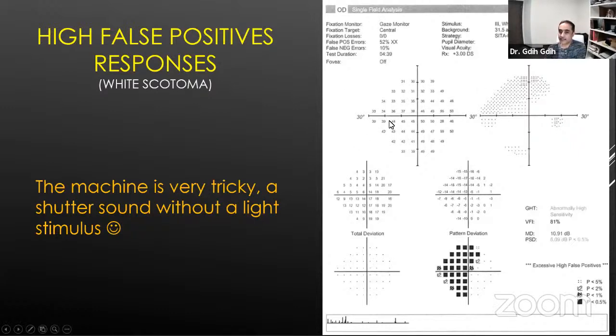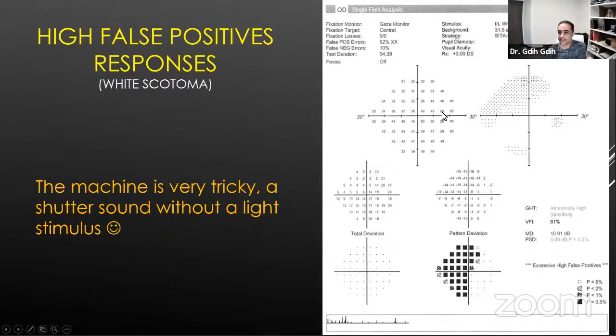Whenever you see above 40, that means this patient is unreliable. That means they are responding to the clicker without seeing the actual stimulus. So if the technician is attentive to these, they can abort the test and explain the test again to the patient, so they don't waste their time or the patient's time.